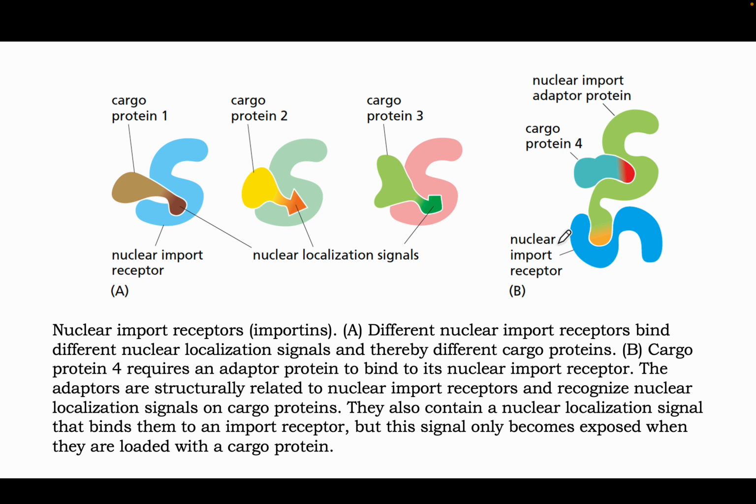For this cargo protein, the nuclear import receptor is the dark blue one, and along with that it also requires a nuclear import adapter protein. Adapter proteins also contain a nuclear localization signal that binds them to an import receptor, but this signal only becomes exposed when they are loaded with a cargo protein.